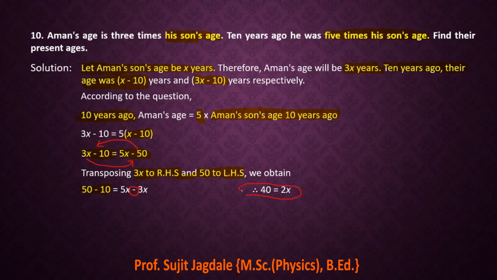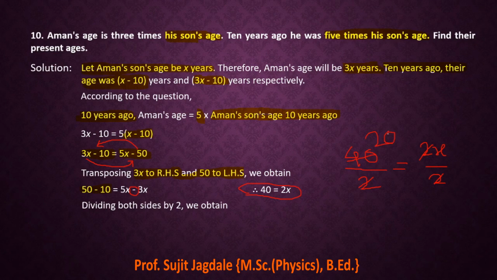So therefore 40 is equal to 2x, and in order to find out x we are going to divide both sides by 2. So 40 divided by 2 is equal to 2x upon 2. So this 2 is going to cancel, and we know that 20 2s are 40. So therefore x is equal to 20 is the final answer, and here x is the present age of Aman's son.